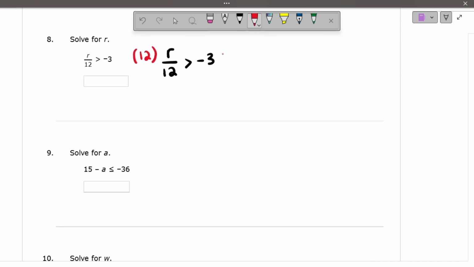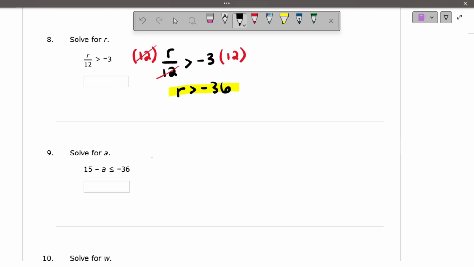I'm going to write that here in a different color so that we don't mix that up with the original problem. Because R divided by 12, in order to get R all by itself, we need to do the opposite. Right now it's being divided by 12, so we have to multiply by 12. But you can't forget to do that to the other side. So these 12s will actually cancel out, and we will end up getting R is greater than negative 3 times 12, which is a negative 36.